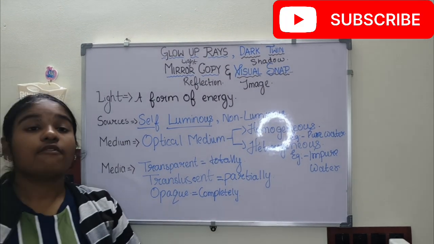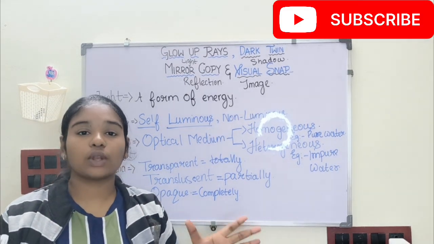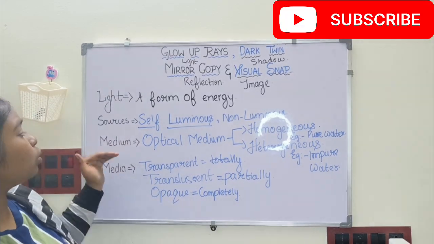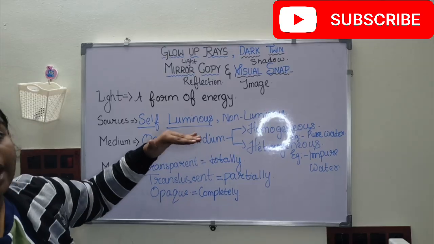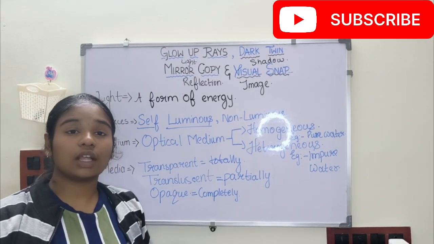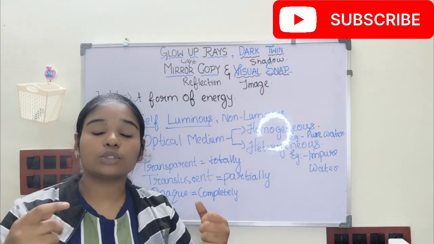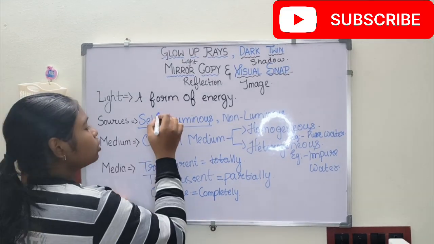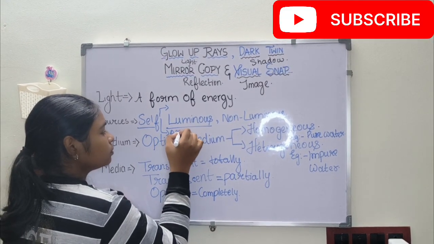A body which emits light in all directions is known as a source of light. The source of light is divided into two: self-luminous and non-luminous. Self-luminous means it emits light on its own. That is known as self-luminous. So you have natural and artificial.